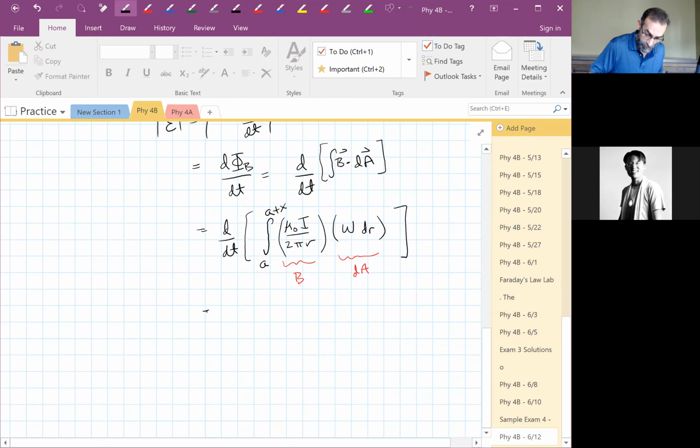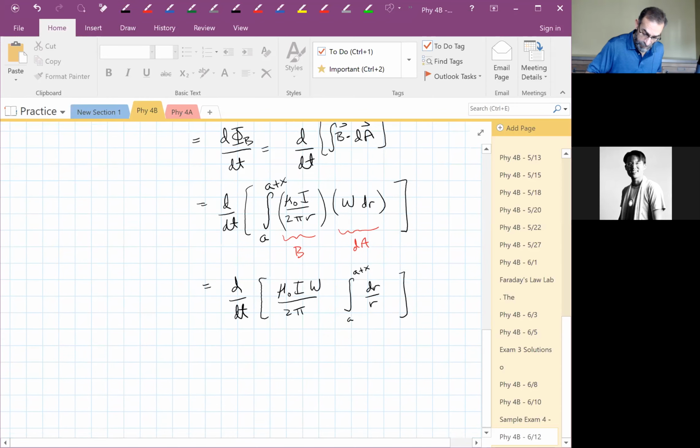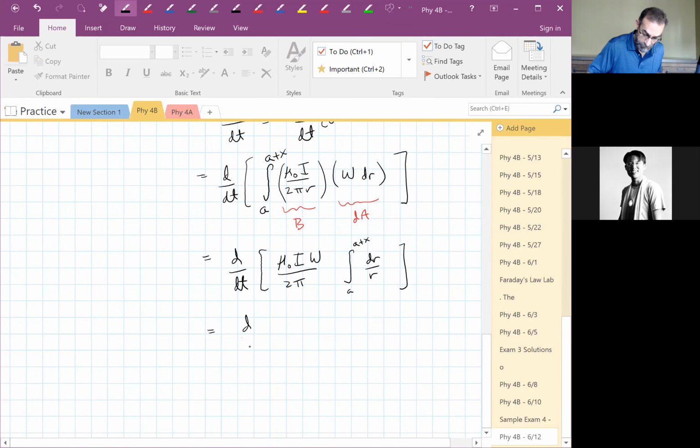So I can do that integral. I still have this d dt out here waiting for the next step, but that's okay. I'll deal with that when I get there. Mu is constant. I, W, 2 pi, those are all constants. I have an integral of dr over r. All my constants are still there.